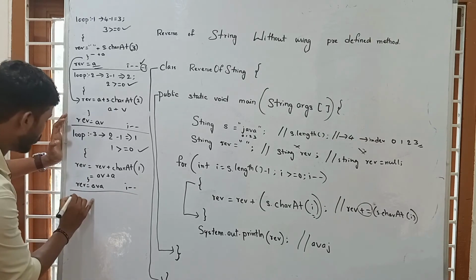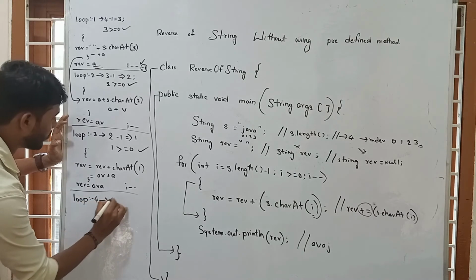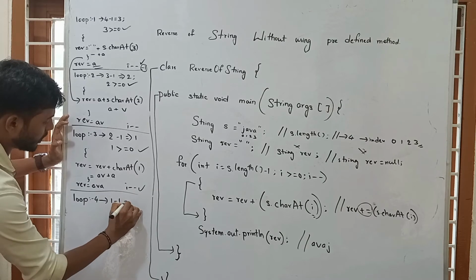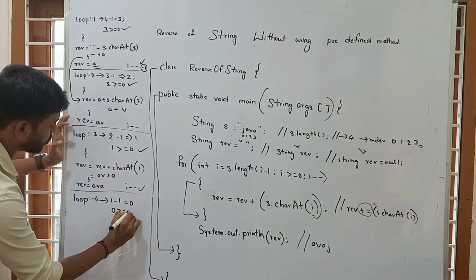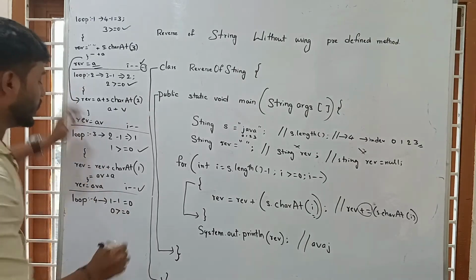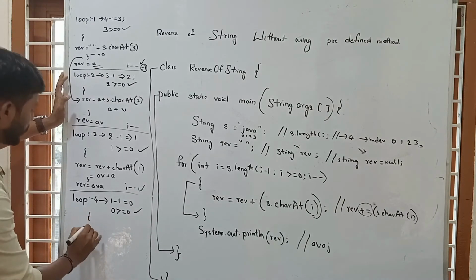And after that, loop number 4. In loop number 4 we are getting 1 minus 1 because of the decrement. 1 minus 1 equal to 0. So 0 greater than or equal to 0. 0 is not greater than 0, but 0 is equal to 0. So the condition was satisfied. Now the loop was open.